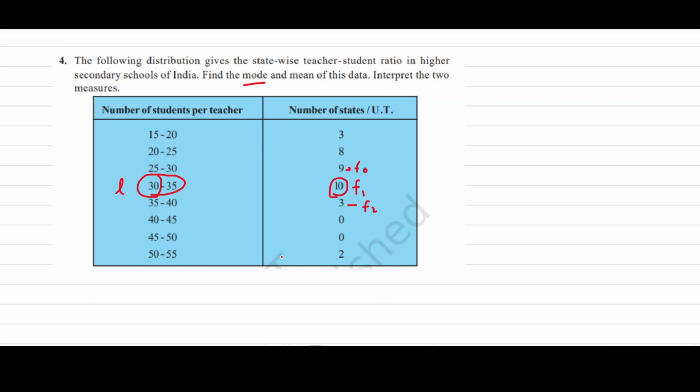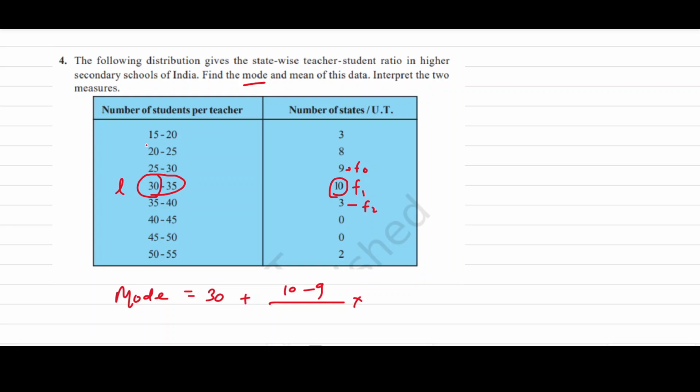Now what is the mode? That is very simple. Write L. L is 30, then put plus. Now we have to find f1 minus f0, that is 10 minus 9. Here put 10 minus 9.